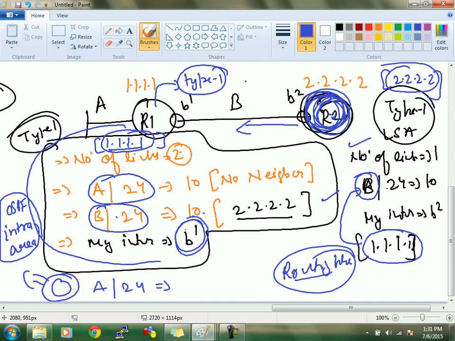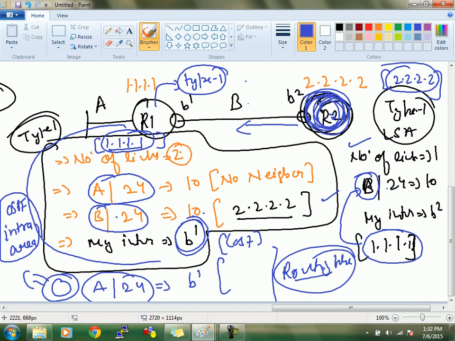Why? Because this is the interface IP forwarded by R1. This thing is clear. So R2 will mark, if I have to reach A/24, next hop will be this. Next thing that is left is cost to reach this particular network. This thing is clear. How will R2 calculate the cost?